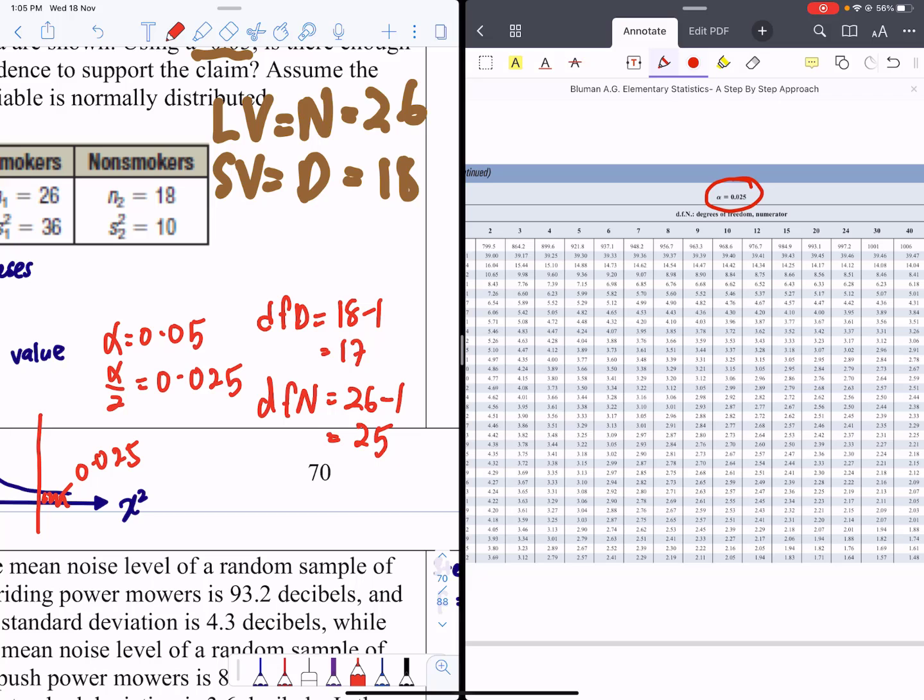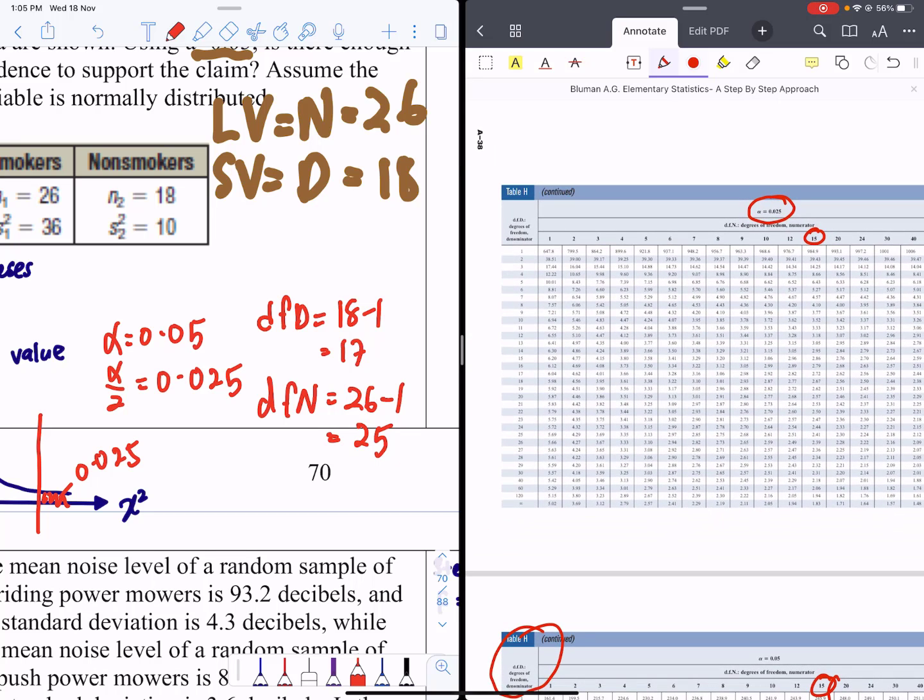We did not have 17, then we choose 15. Sorry, it is the other way around. This here is DFN 25. We have 24 here. And then DFD we have 17, also there. Then we try to line it up, and we get 2.56.